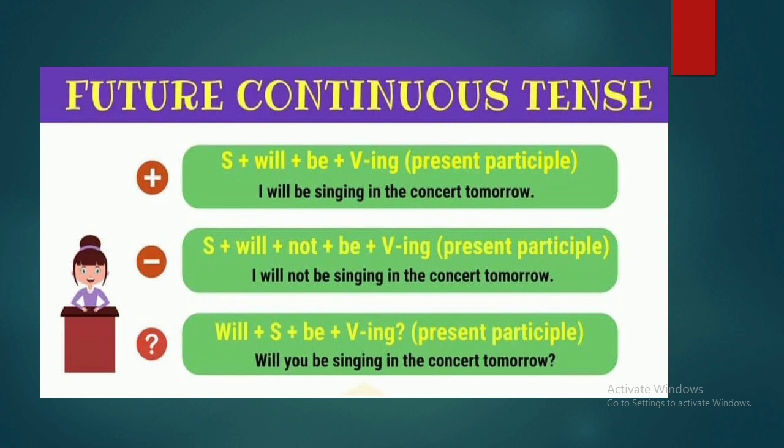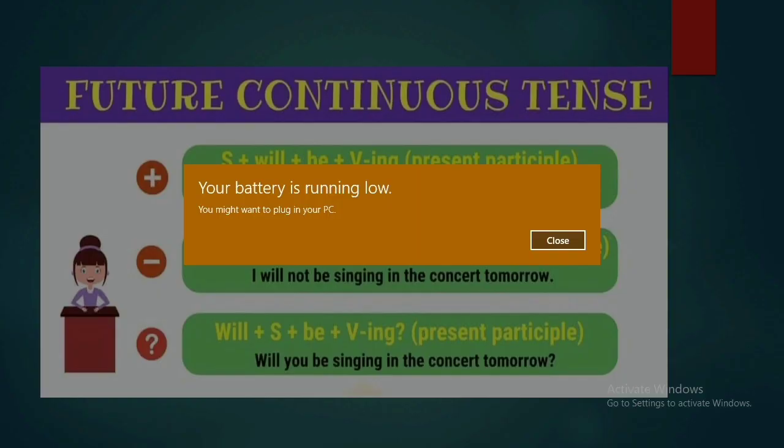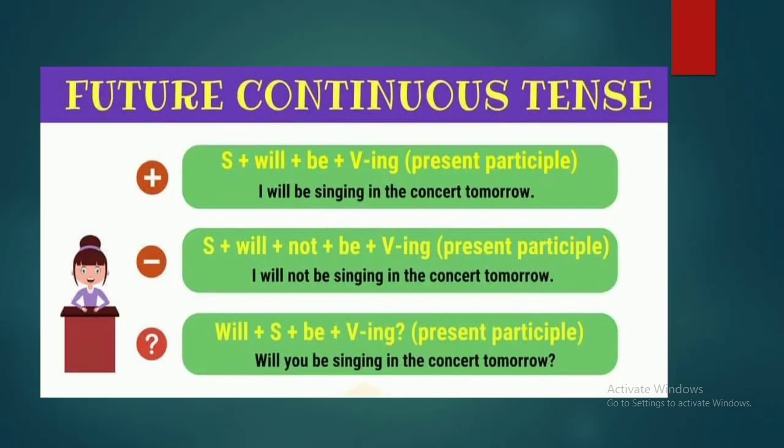Like, I will be studying English tomorrow at 6 o'clock. So, tomorrow at 6, I will be studying. So, how do we make negative? We use not, and to make a question, we use will as a helping verb.